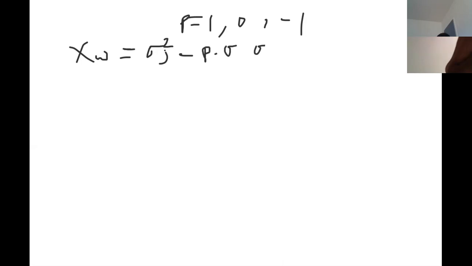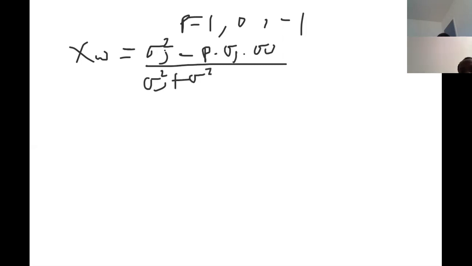Now, when you check the formula that we got, XW is equal to variance of J minus the covariance of J and W. But we know the covariance of J and W is also the correlation multiplied by the standard deviation of J and the standard deviation of W, all over variance of J plus variance of W minus 2 covariance of J, W, which is then minus 2 times correlation multiplied by J and W.